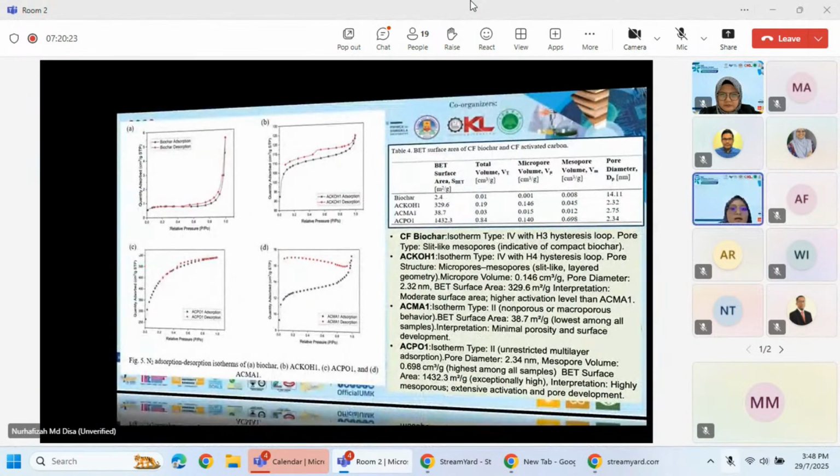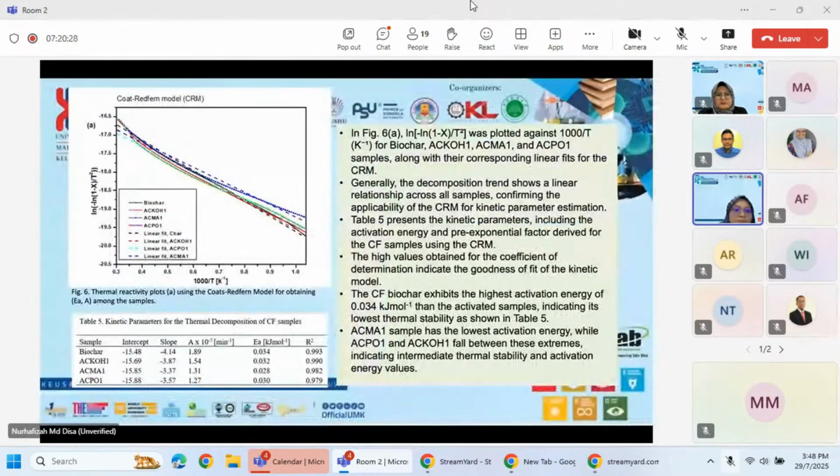Maybe I can show 1 or 2 minutes about the kinetic parameters here, the CRM and also the MVRM, the models that we use to validate our thermal decomposition reaction for the activated carbon that we produce.